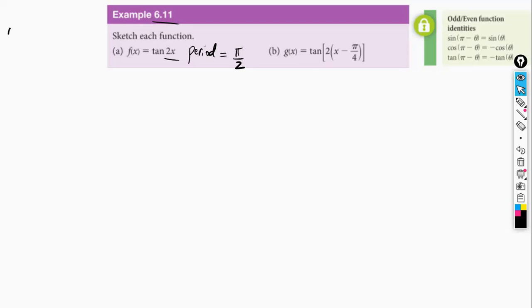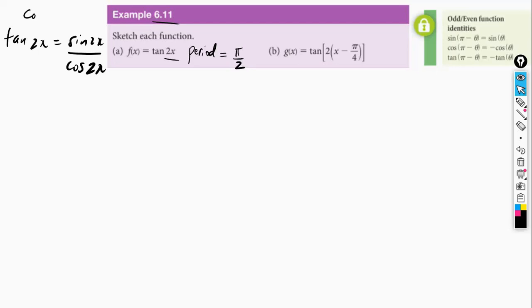Also notice the tangent of 2x is equal to sine of 2x over cosine of 2x. So this function is going to become undefined where cosine of 2x is equal to 0. So notice that this affects everything because where is cosine equal to 0? That's going to be every pi halves, right?